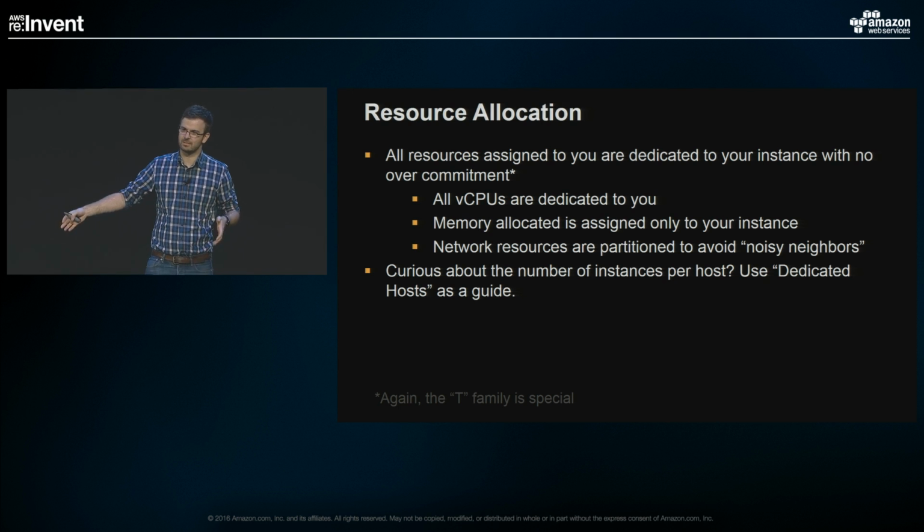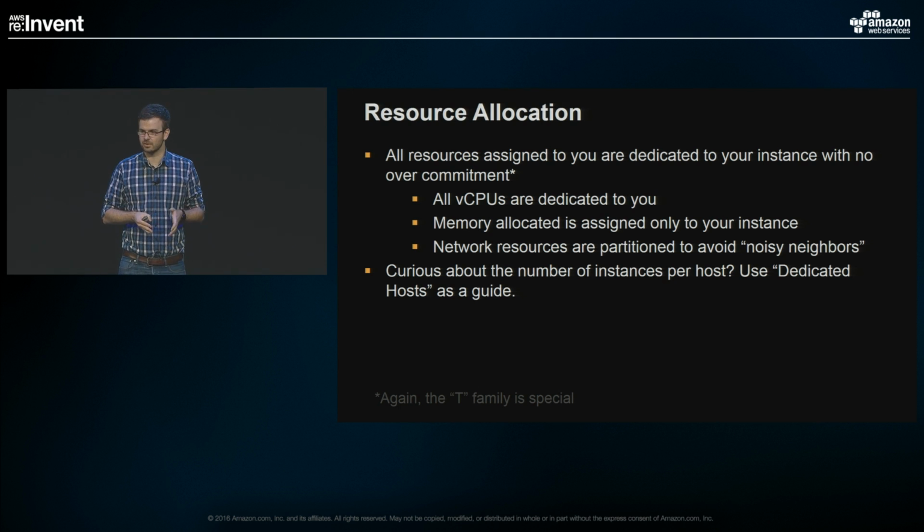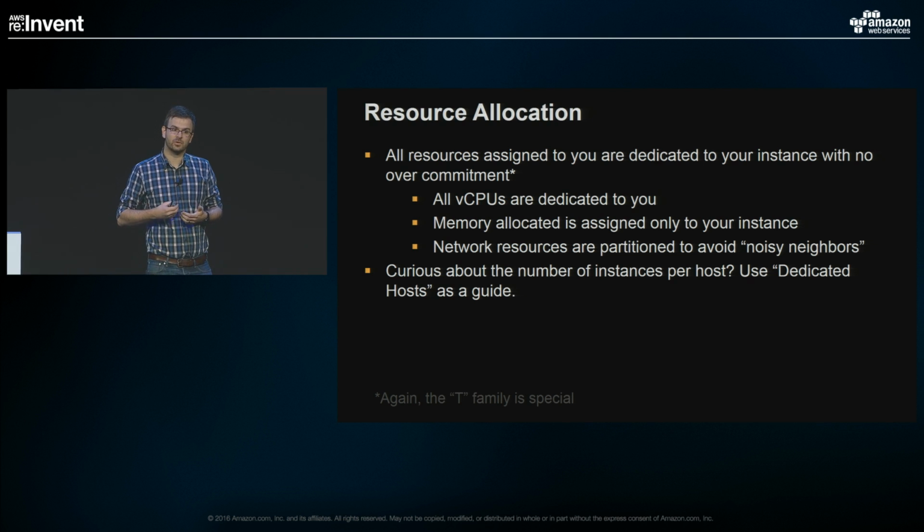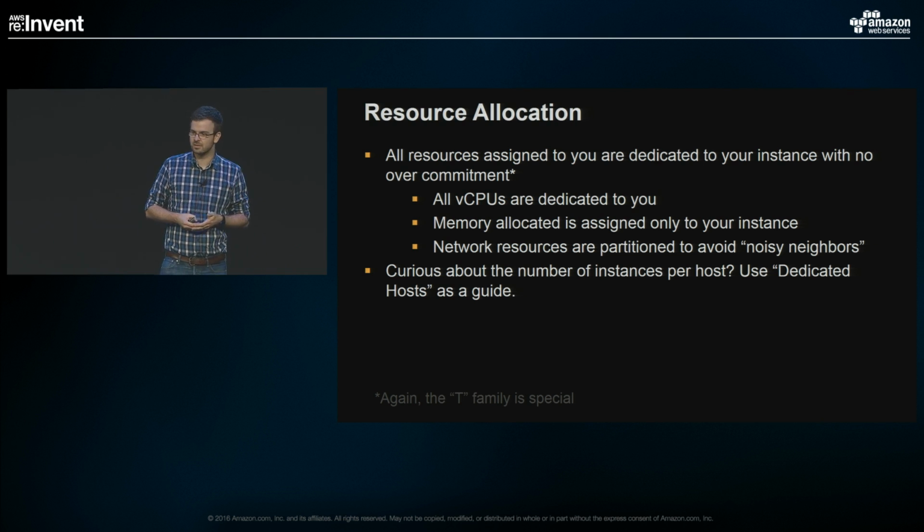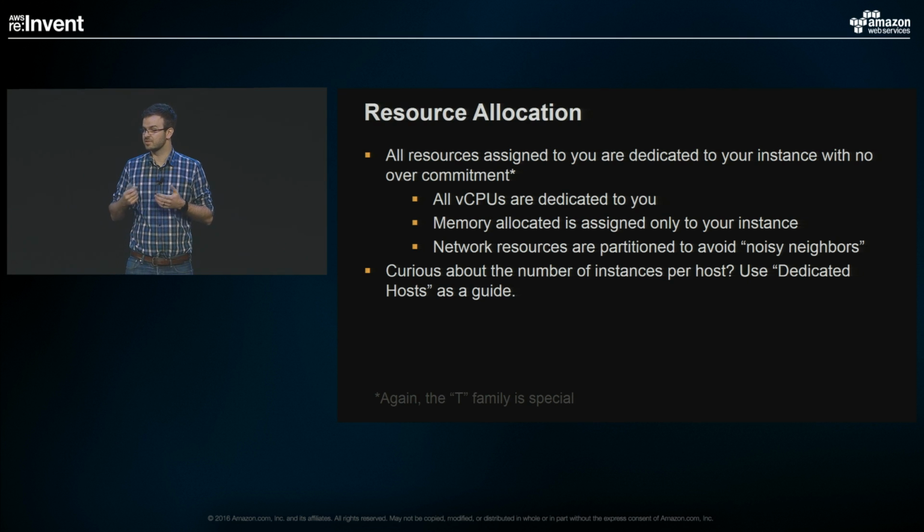So you have more VMs than you have physical hardware to satisfy them. We, on the other hand, use virtualization for a lot of other reasons. One of the most important ones is for security and isolation from one virtual machine to another on the same piece of physical hardware. But we also use virtualization so that we can dedicate specific resources to specific customers.